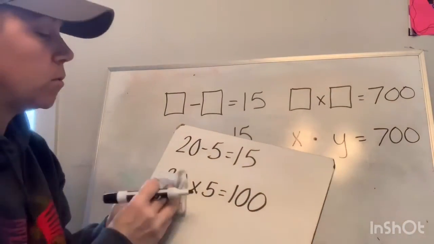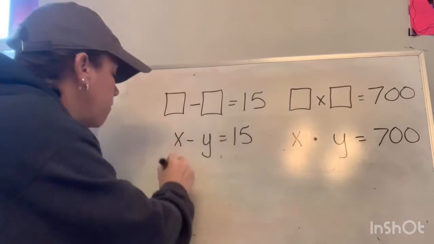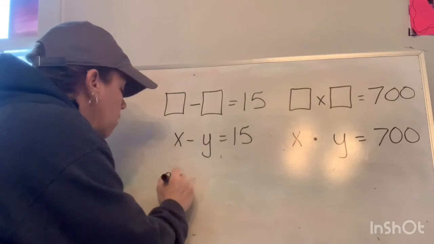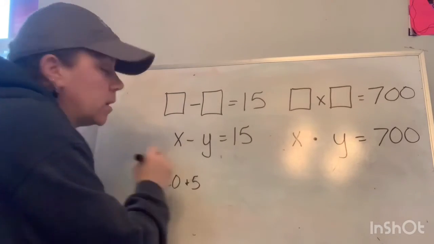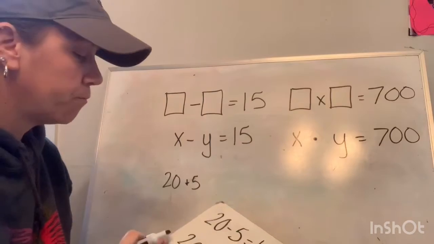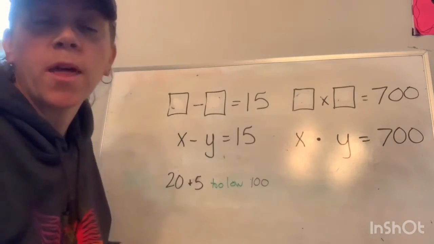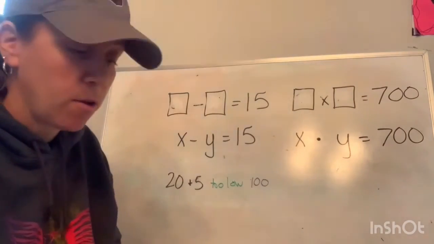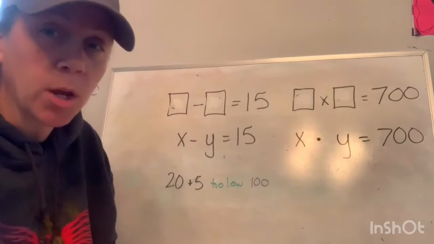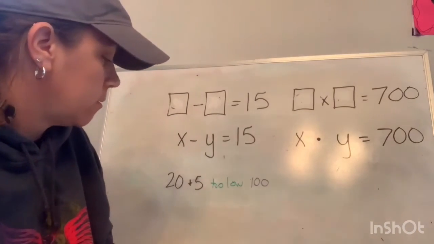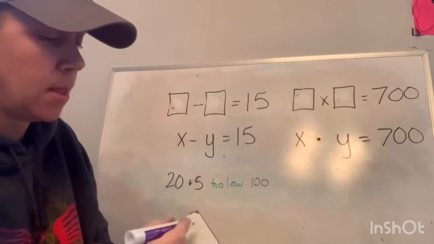So I'm going to erase those, and 20 and 5 did not work, too low. So then I thought, I need to go higher than 20 and 5. So I'm gonna go 30 and something.